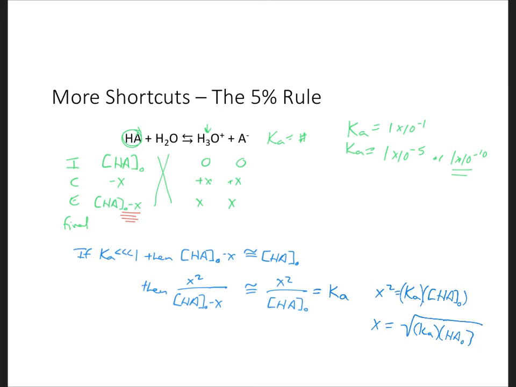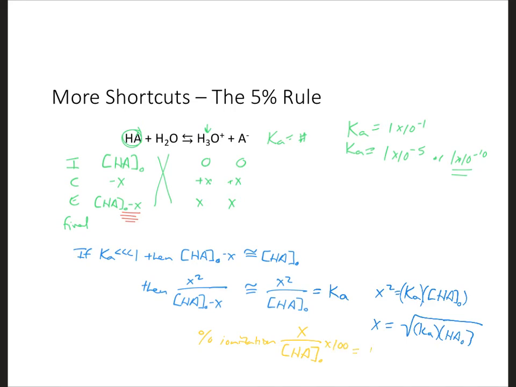And then as that final step, we want to check the percent ionization to make sure it falls into that 5% category. We're going to take that x value and divide it by the starting concentration of HA. So we're saying how much dissociated out of that starting amount, and of course we multiply this by 100 so that we can get our percent.